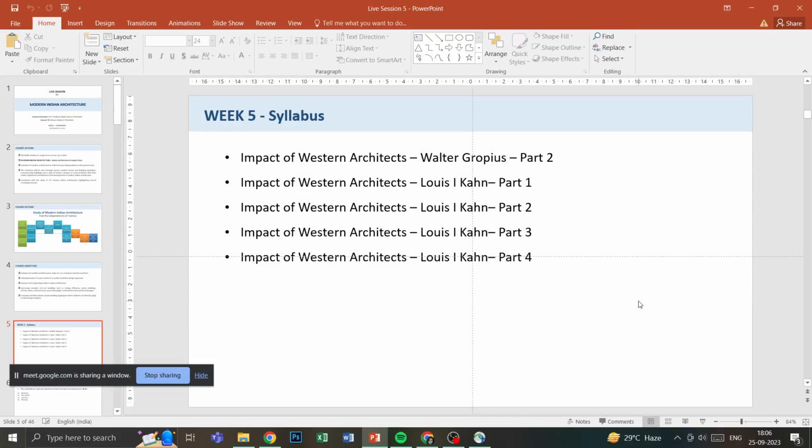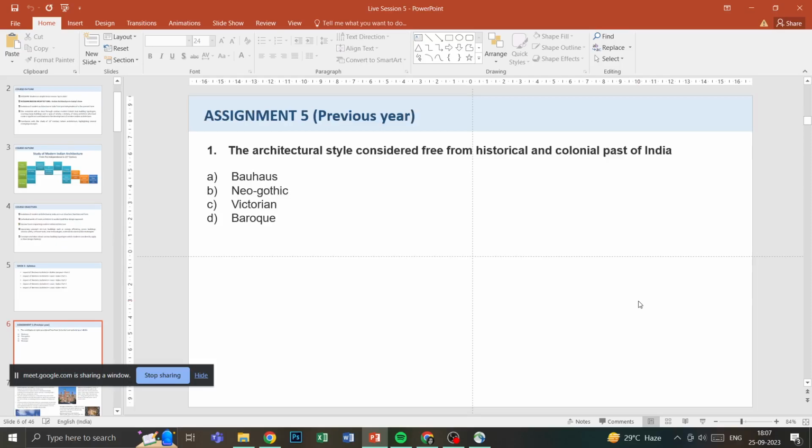In week 4, part 1 was covered of Walter Gropius, and then 4 parts of the impact of Louis I. Khan on Indian architecture, in which there were case study of his work at IIM Ahmedabad, and also various examples of other architects that were influenced by Louis I. Khan, and who took his principles, ideas and concepts into account, and designed more buildings in India. So without any further ado, we will get started.